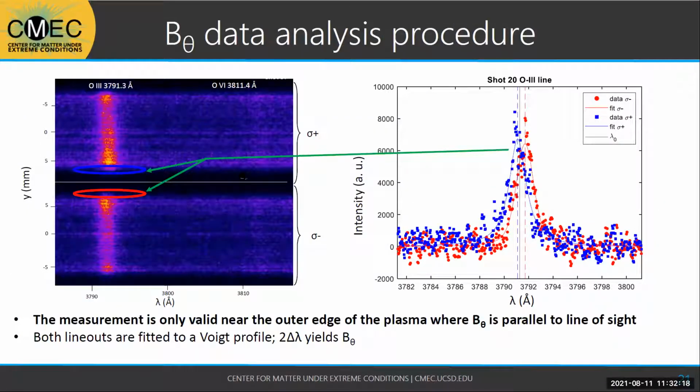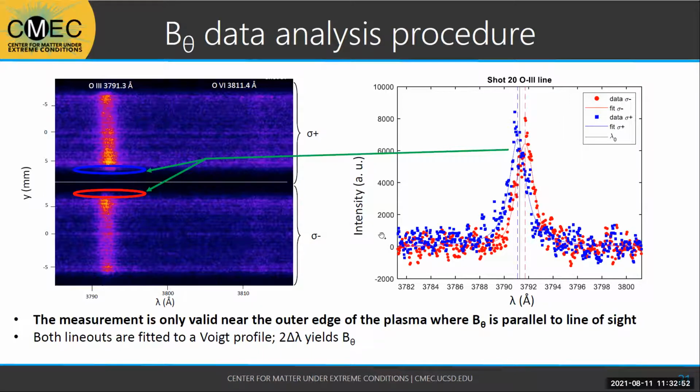This is how that data looks. This is a picture of the raw data on the left. The horizontal axis is the spectral axis, and these are the spatial axes. It's a little bit confusing, but these are two mirror images of each other, and this is what you get from each of the fiber arrays. As I said before, the data we can use is limited to the outer edge of the emission, and this was set up so that these are mirrored, so they're both from these ovals here.